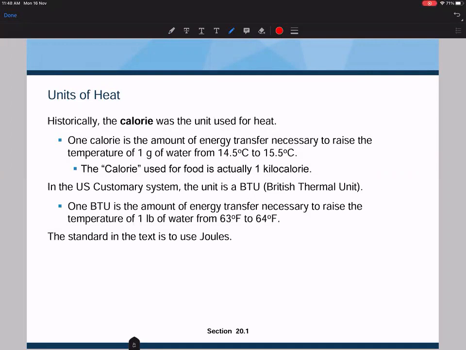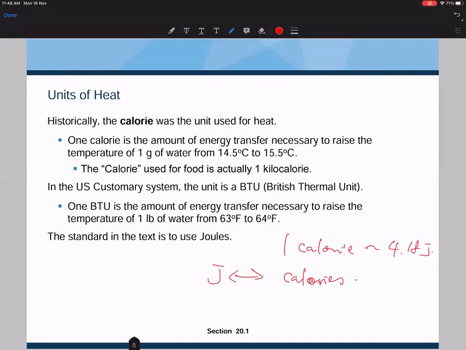Of course, the actual conversion between joule and calories, for those of you who remember the numbers well, 1 calorie is around 4.18 joule.